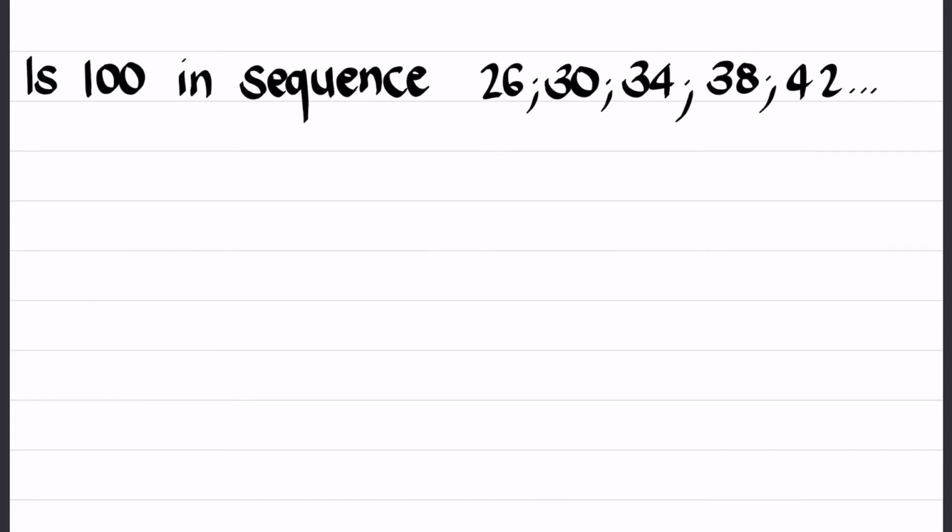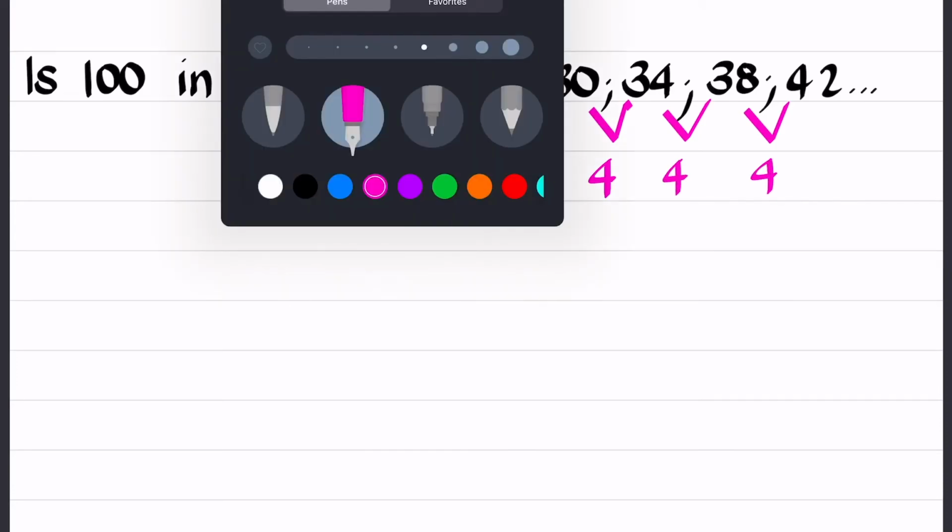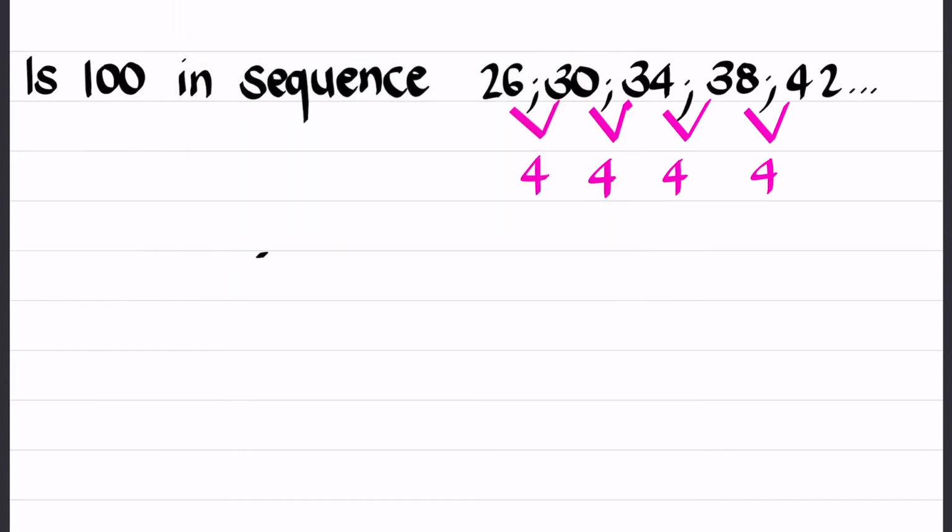Alright, if we look at this, we're going to start by determining our formula. So we need our difference. So term 2 minus term 1: 30 minus 26 is 4, 34 minus 30 is 4, 38 minus 34 is 4, and 42 minus 38 is also 4. So now we can substitute into our formula.